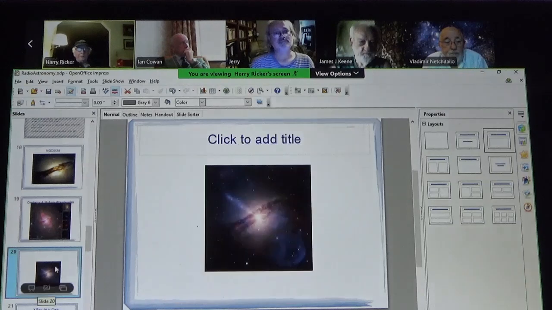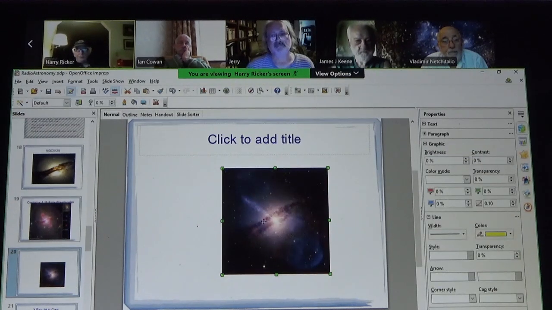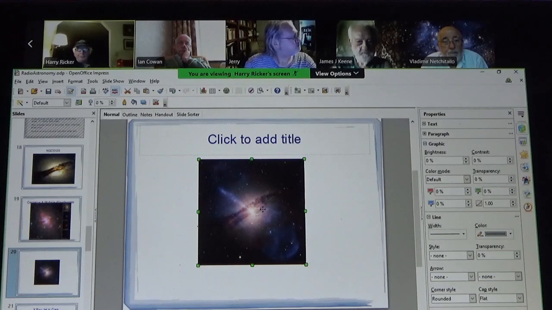According to the theory, the black hole is supposed to point perpendicular to the dust, but here the jet is coming out at an angle. So this doesn't confirm it. Plus, there's nothing on the other side. The jet's only coming out on one side. It's not coming out on both sides like the theory predicts it's supposed to.